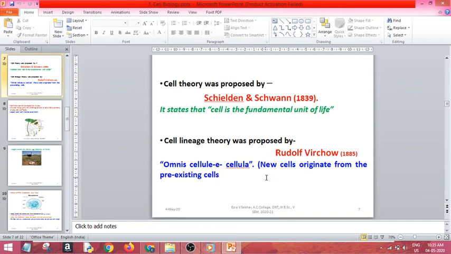Another German scientist proposed the cell lineage theory, which states in Latin, omnis cellula e cellula, which means new cells originate from pre-existing cells.